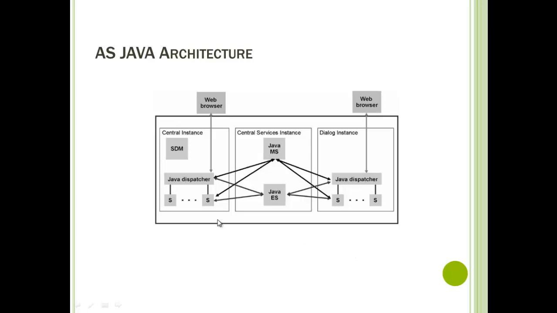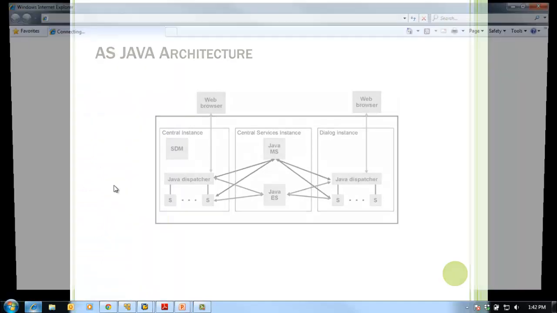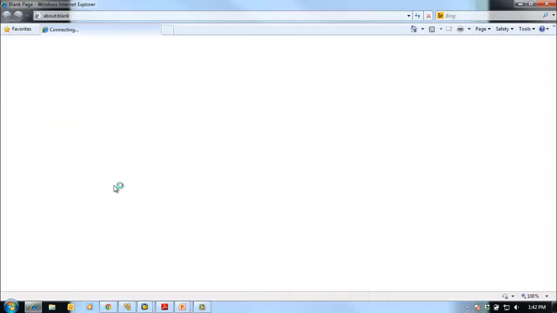So far what we have seen is the ABAP system configuration. To see the Java system configuration, you can use Internet Explorer. Let's go to Internet Explorer. Now we open Internet Explorer, then you type in the server name.